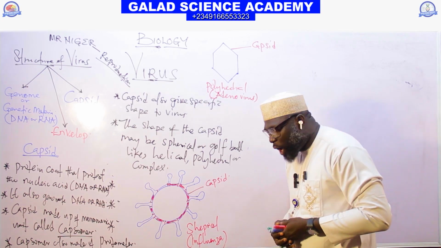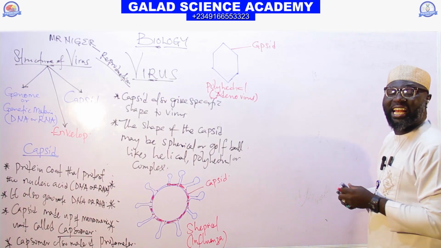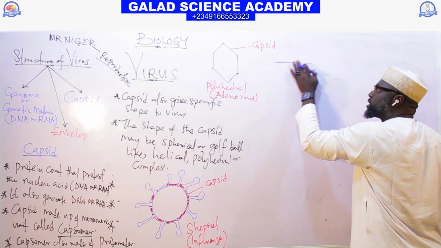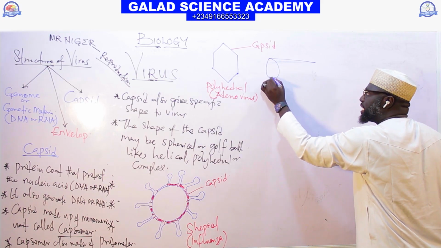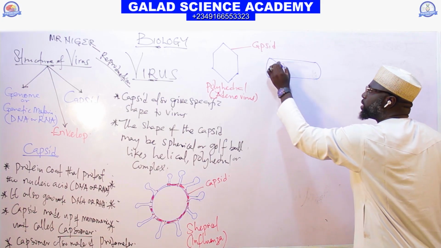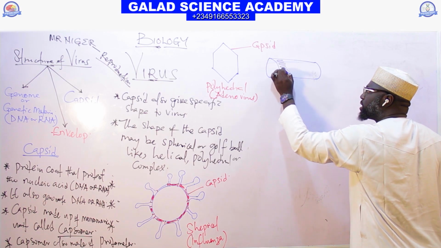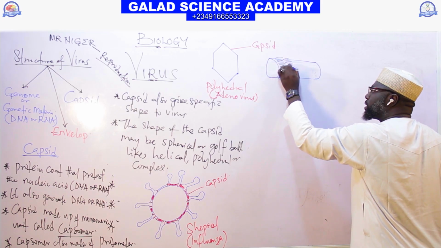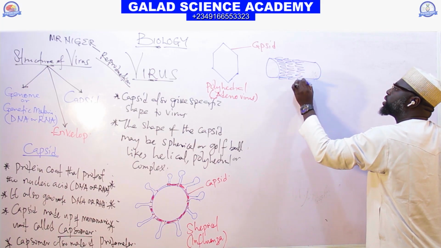And we have some viruses that exist in helical shape. This is the virus, and in its body, we have something like this. This is how the helical virus looks.